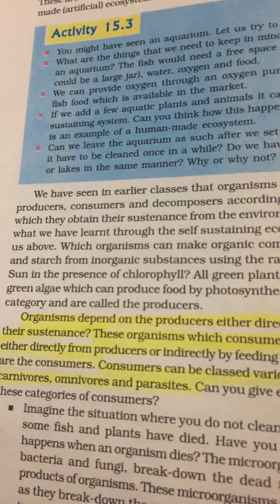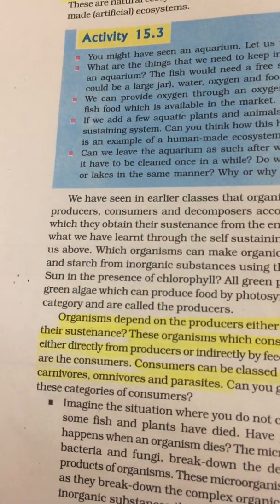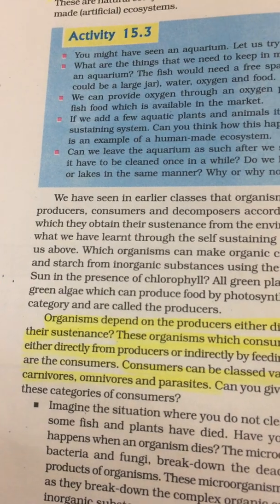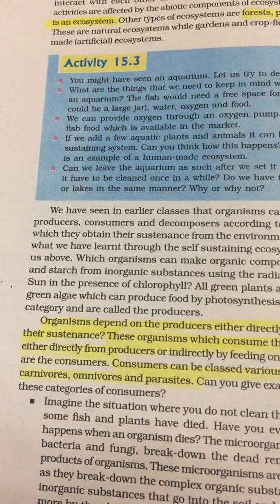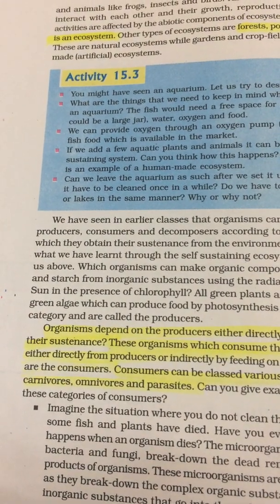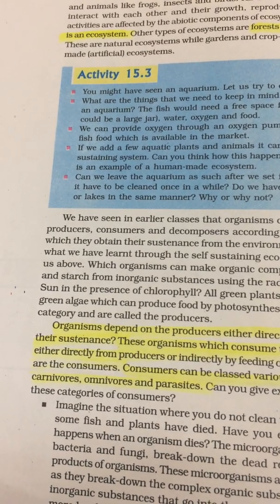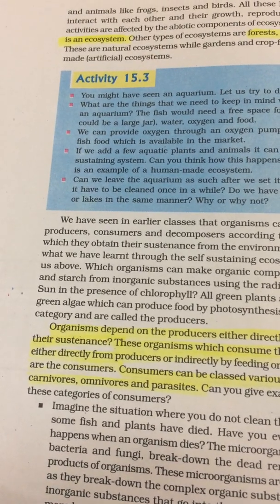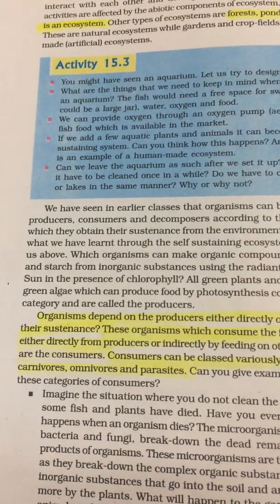Organisms depend on producers either directly or indirectly for their sustenance. So producers, that is green plants, are the main source of food for all the organisms. Green plants, in the presence of sunlight, convert light energy into chemical energy in the form of glucose.